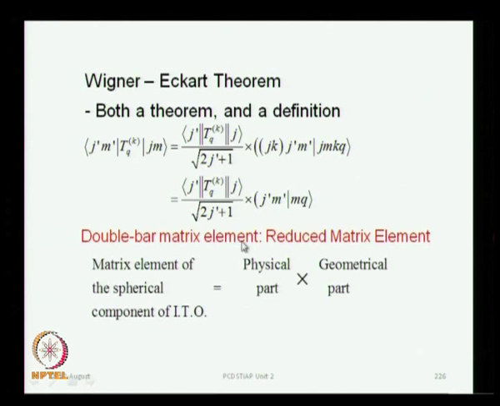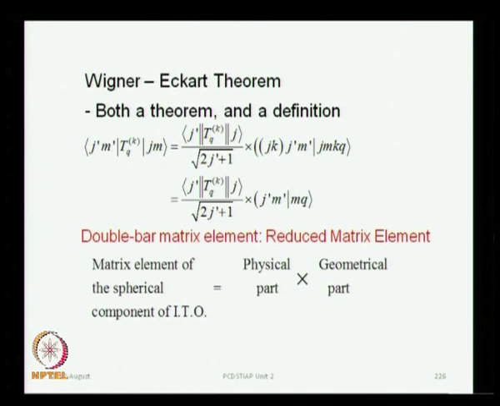The remaining part is what is called a physical part. So, the matrix element of the irreducible tensor operator is now expressible as a product of two pieces, one is a physical part and the other is a geometrical part, and this offers great convenience, and you will see some of the applications as I will discuss now.